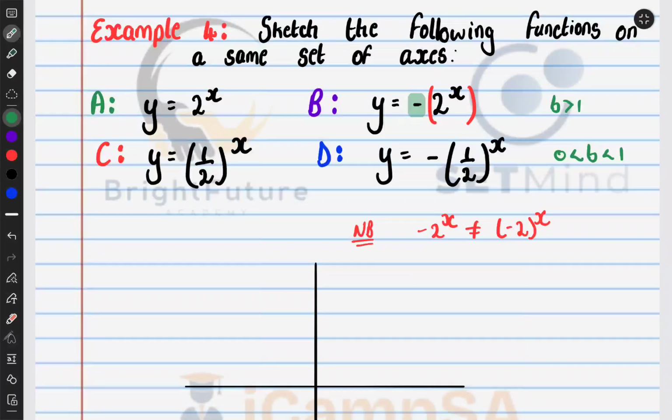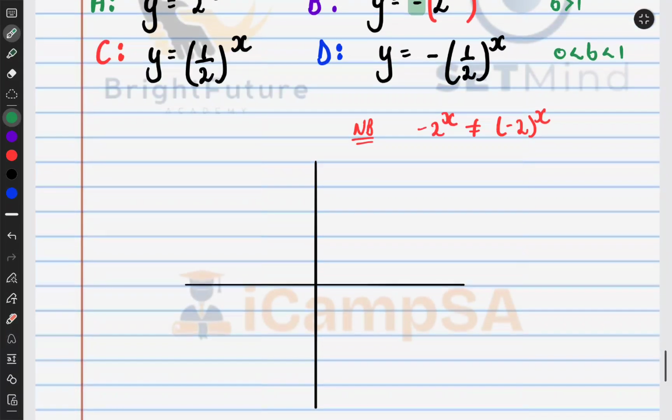We're basically dealing with the exponential graphs here. So let's quickly sketch these functions.